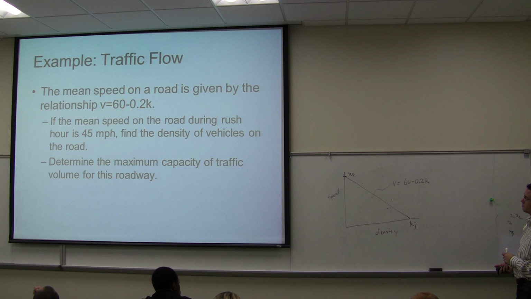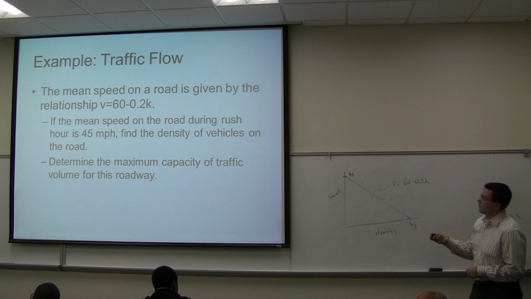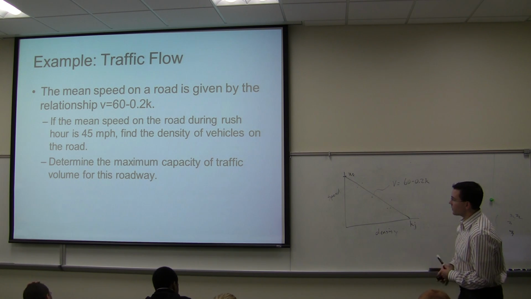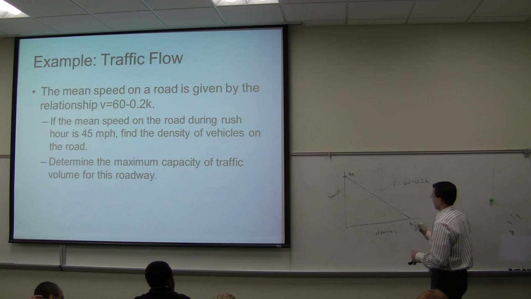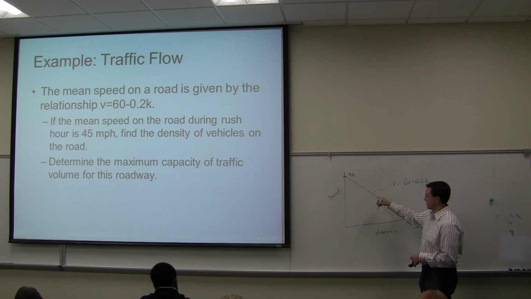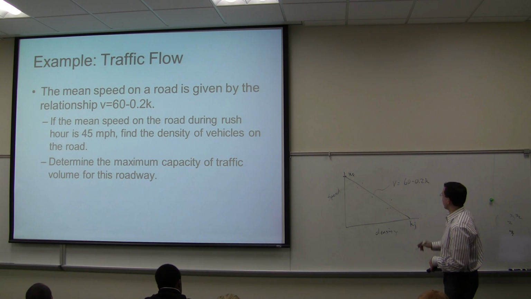So how do we do that? Plug it into the formula. You can take the speed of 45 miles an hour. This is more of an estimate because, like I said, this equation is usually derived from other data.